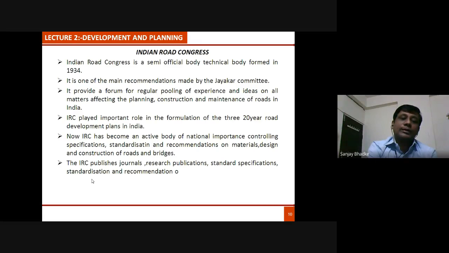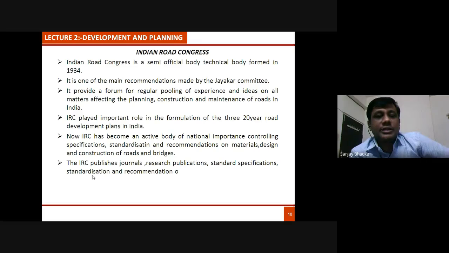So we know that this is one technical body which has been constituted in 1934. Road construction is a big construction, so there is a requirement of one technical body. That's why it was constituted in 1934.